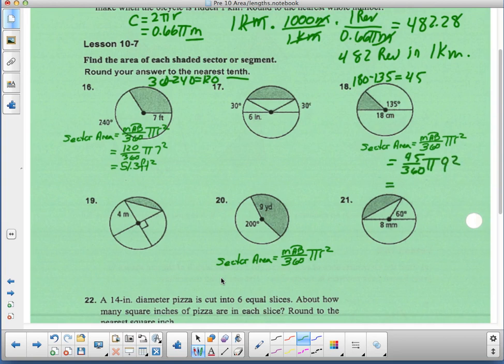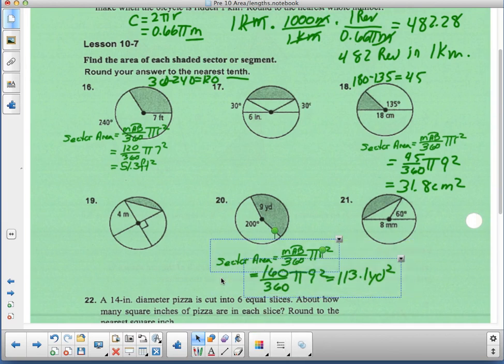That's 31.8 centimeters squared. Here, I've got 200, so I've got 160 over 360 pi, again, 9 squared, and that'll be 113.1 yards squared.